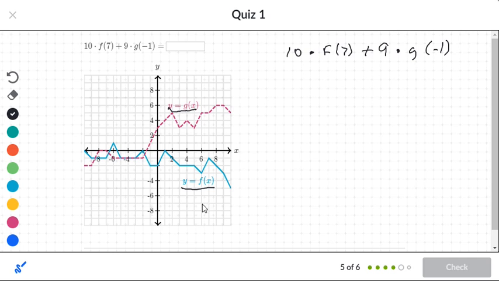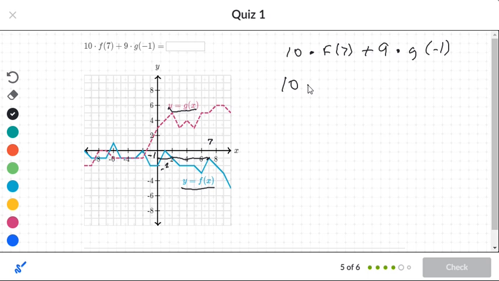So let's do f of 7. 7 is right here. Here's the blue. Move this across. Now remember, they're counting by 2's. So this right there would be negative 2. So right above negative 2 would be a negative 1. So f of 7 appears to be negative 1.